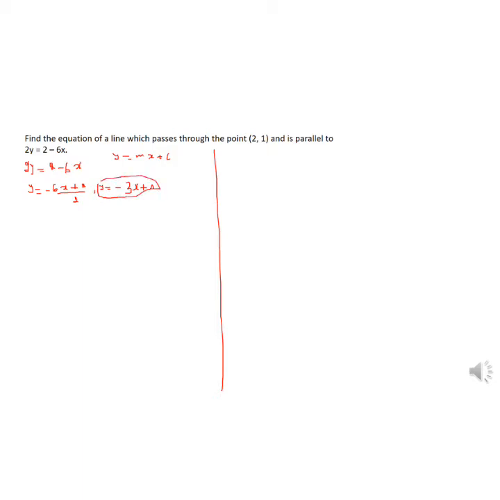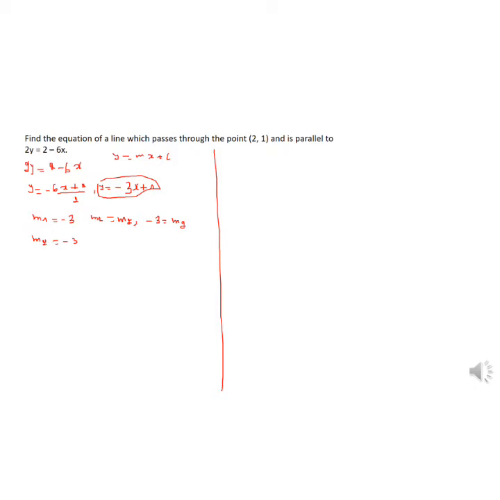So now the gradient m1 is equal to negative 3, because negative 3 is the coefficient of x. Remember that two lines are parallel if and only if m1 is equal to m2. So m2 is equal to negative 3.